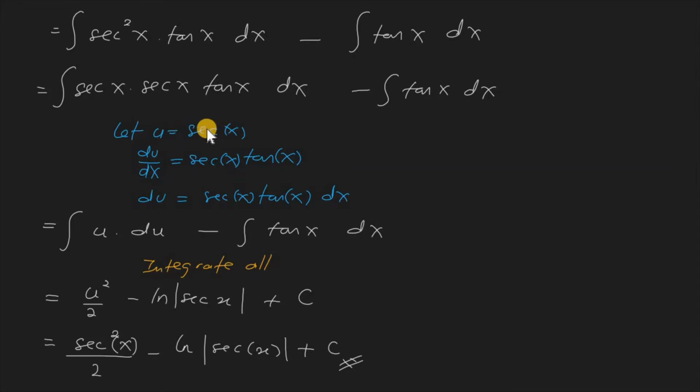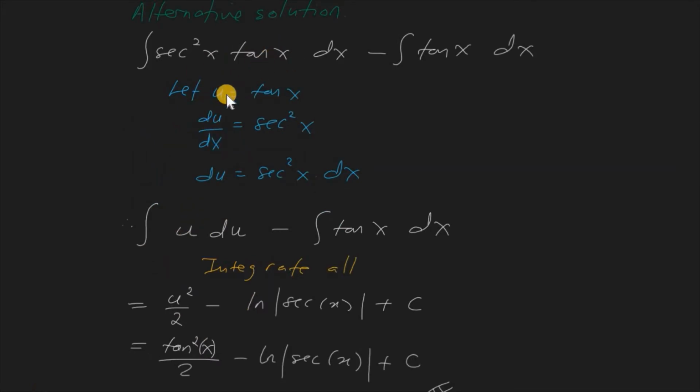It depends on the u that you take. Let me show you an alternative work for this. What if we use another u? Like this one, I'm taking u not as secant but as tangent because I saw the secant square. This is recommended in the guideline just now. U is tangent, so differentiate tangent, which is secant square. Look into your formula list.